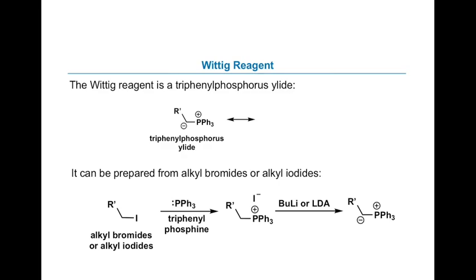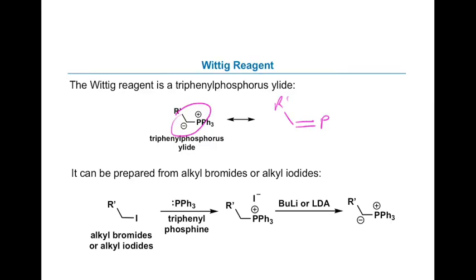You're starting with these phosphorus ylids. Usually we're using triphenylphosphine as the phosphorus component. Now if you notice, we draw them as this stabilized negative-positive charge. Normally I could draw the resonance structure as a carbon-carbon double bond to phosphorus.